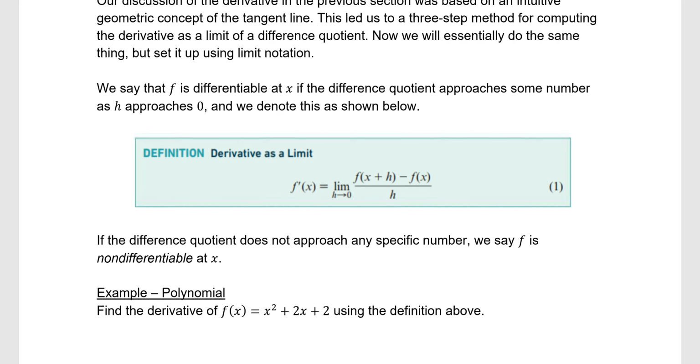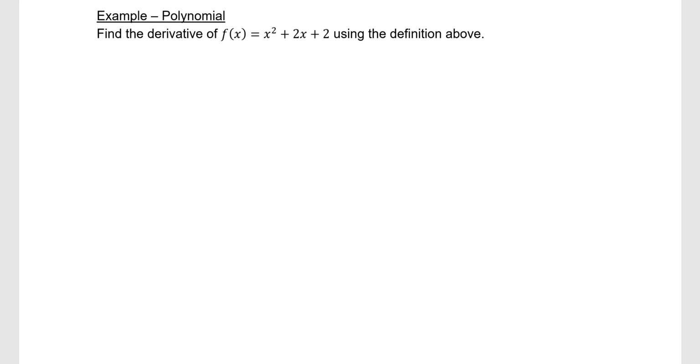Let's see an example with a polynomial. We want to find the derivative of f of x when f of x is x squared plus 2x plus 2 using that definition above. So let's go ahead and write down the definition. Also notice we could take the derivative of all three terms using the power rule, which we already have learned, which is a lot easier, but we're going to do it this method.